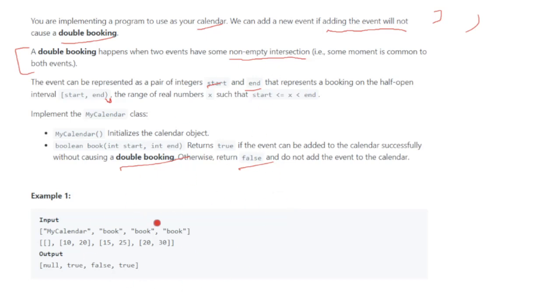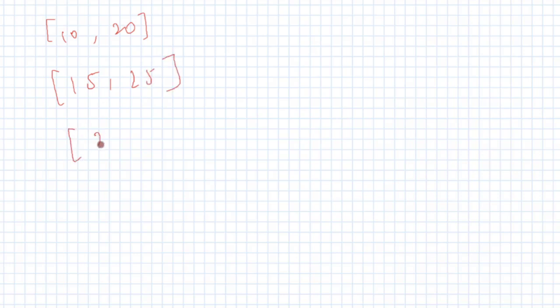We have been given some examples, so let's consider the example given to us. Now let's look at what the possibilities could be.